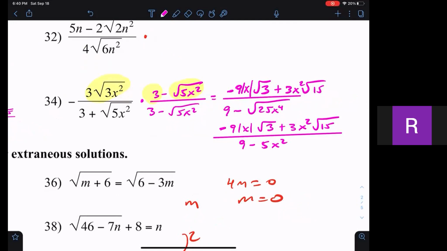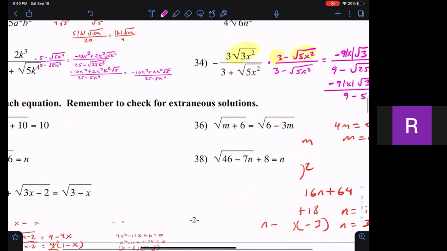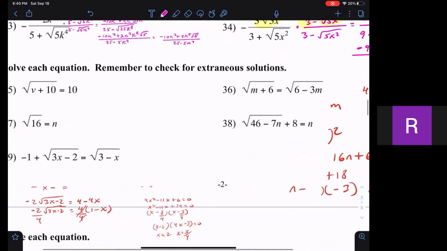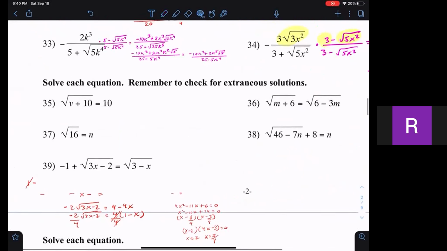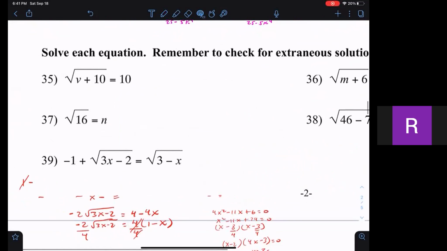Let's check. 34. 9 absolute value. Yeah. Yes. 35. So we need to solve these equations, right? Okay. We want you to check extraneous solution. Okay.